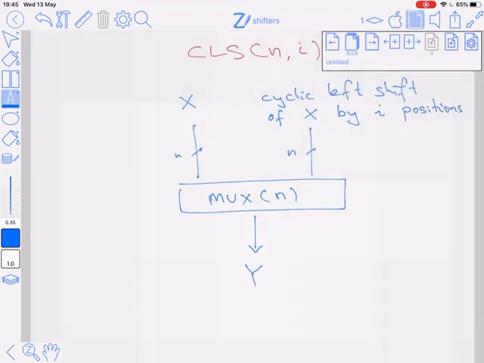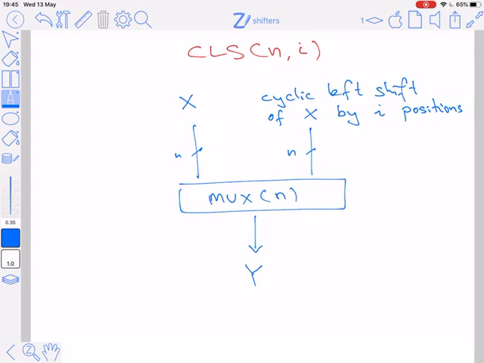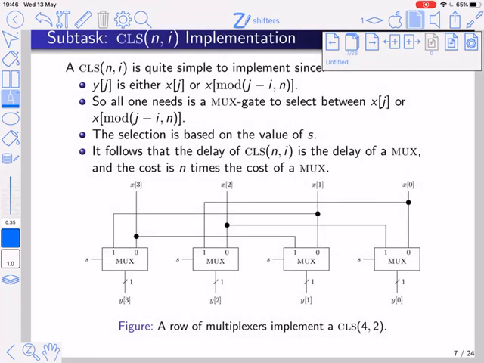Another way of thinking about a CLS-n-i is you have a row of muxes fed by x and by the cyclic left shift of x by i positions, and the mux simply selects between these 2 values to give you the output y. The point is that I didn't want to have the extra input, which is the shifted input of x, and therefore I had to draw these long lines.